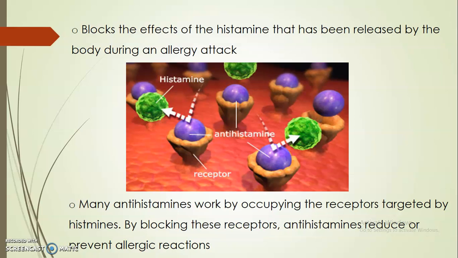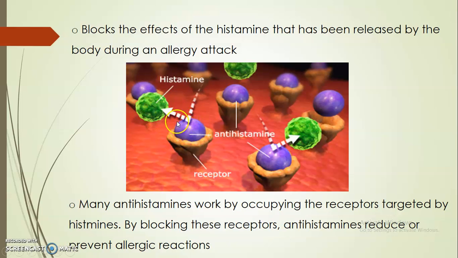What is the function of antihistamine? What antihistamine does is it blocks the effect of histamine that has been released by the body during an allergy attack. So if there is an allergy attack, the body definitely produces histamine. There are many receptors that can receive the histamine.